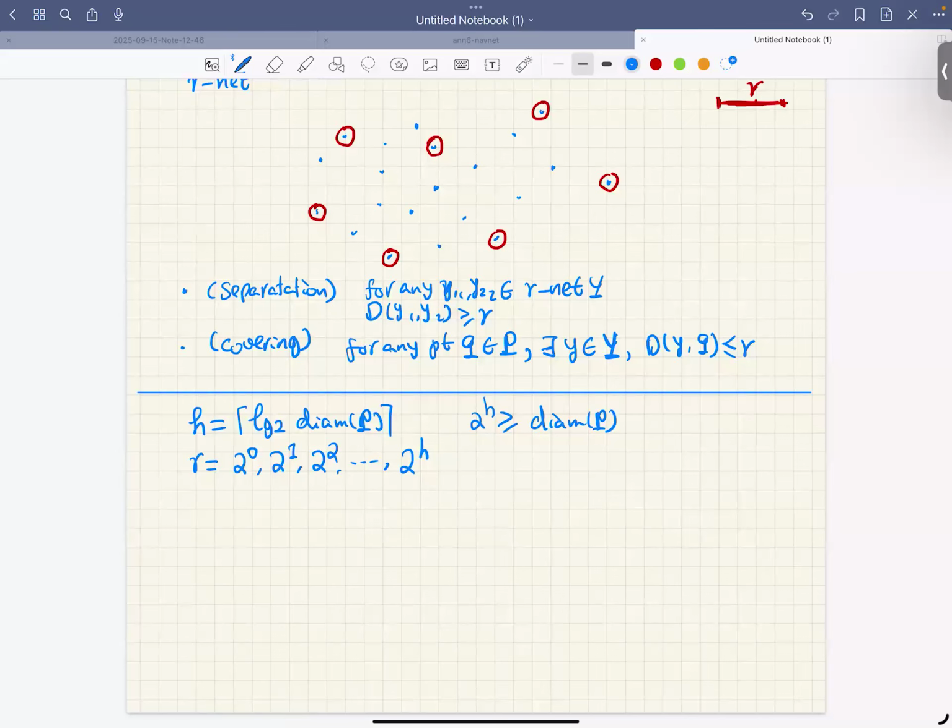Now, for every value of r, I will compute an r-net.